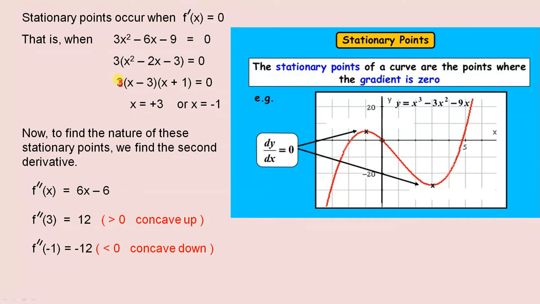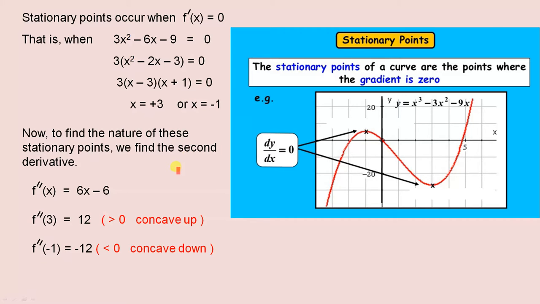So this expression here is equal to 0 when x equals plus 3 or when x equals negative 1. So that's where the stationary points occur, where x equals 3, there's a stationary point, and where x equals negative 1, which is here.